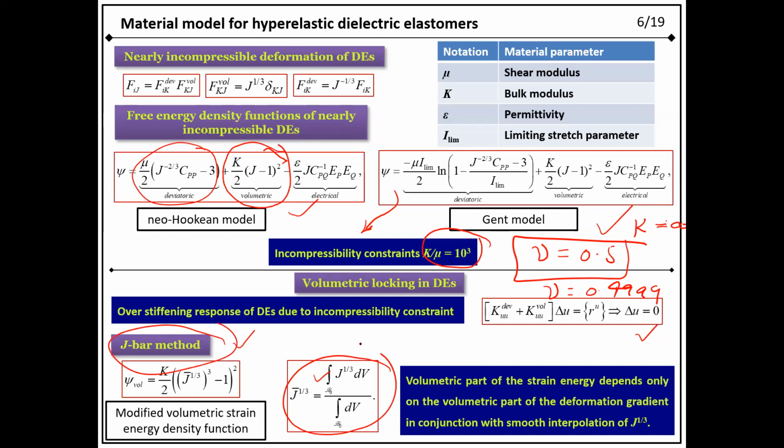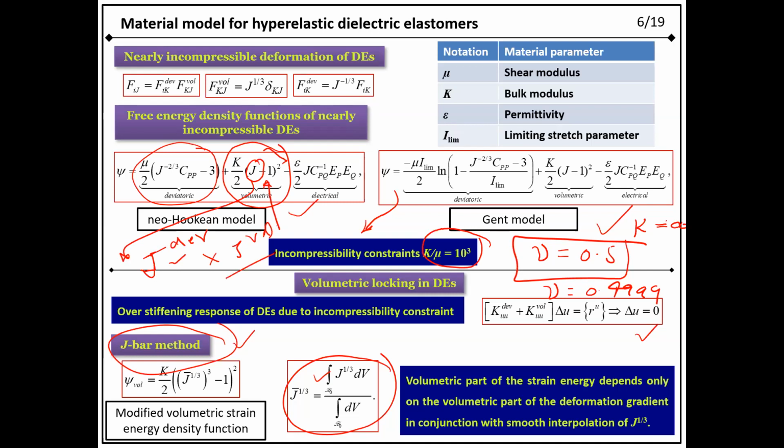We assume that this volumetric part depends on the volumetric part of J. We can decompose this J into two parts: one corresponding to the deviatoric, J deviatoric, multiplied by J volumetric.